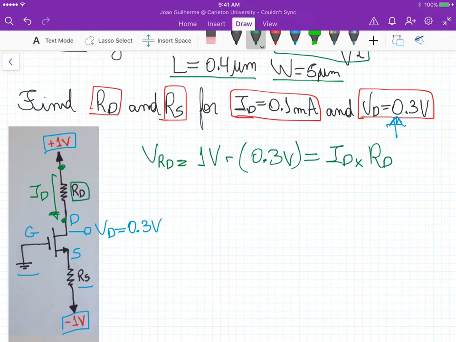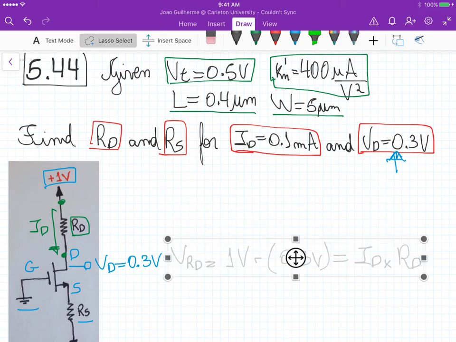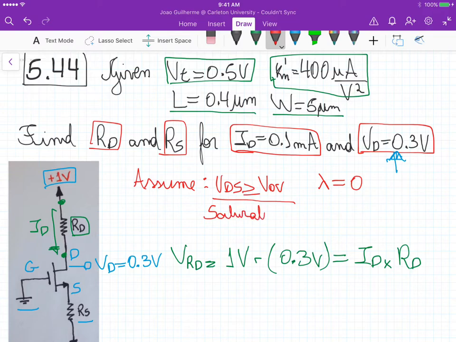So let's assume VDS is greater than the overdrive voltage, and that the channel length modulation, for simplification, is 0. This means saturation region operation.